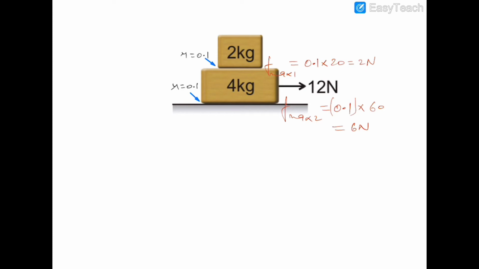The first step is to consider them as a system and find a_com. We consider them as a system which is moving together, and we have to find the acceleration of the center of mass.